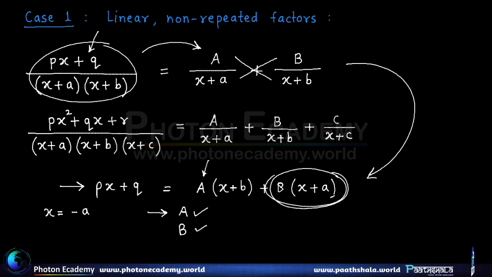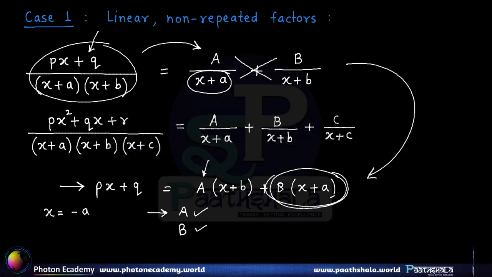Now a shortcut to obtain capital A is nothing but we observe what value of x we should put to vanish that particular denominator, and the answer is we have to put x as minus a, isn't it?